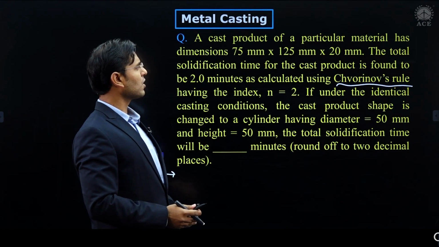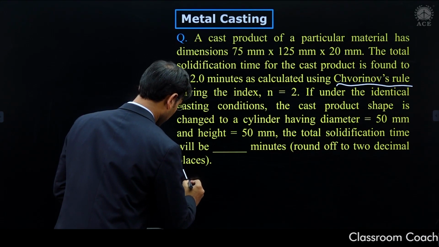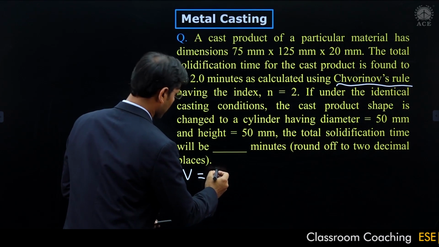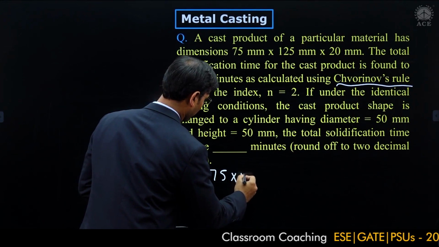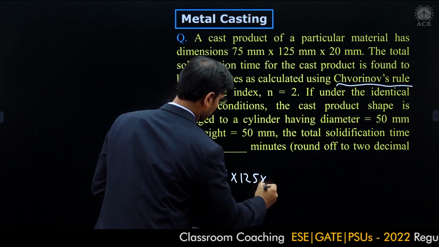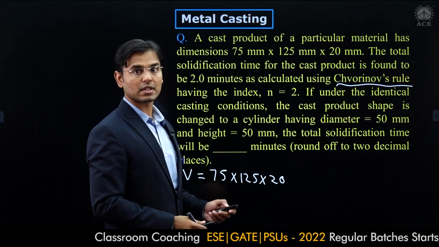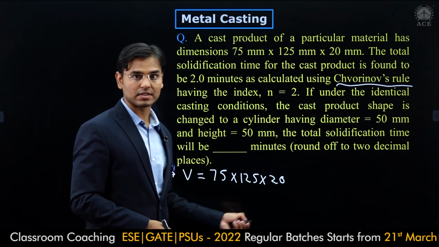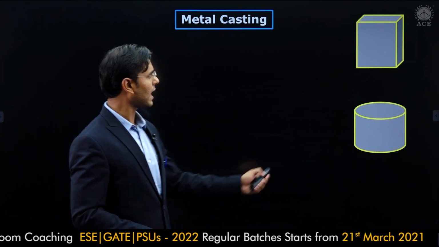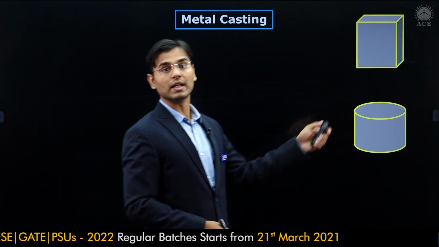A cast product of a particular material has dimensions 75 millimeter by 125 by 20 millimeter. This is the volume of the first casted product, meaning after casting we get these dimensions. See the diagram here, this is the product, and its dimensions are given.